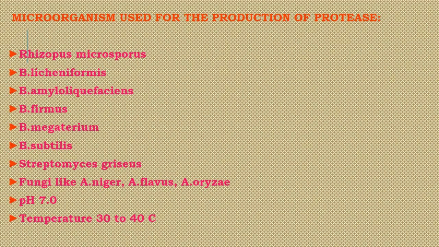The first one is Rhizopus microsporus, B. licheniformis, B. amyloliquefaciens, B. firmus, B. megaterium, B. subtilis, Streptomyces griseus, and some fungi also play an important role in the production of this protease, like Aspergillus niger, Aspergillus flavus, Aspergillus oryzae.